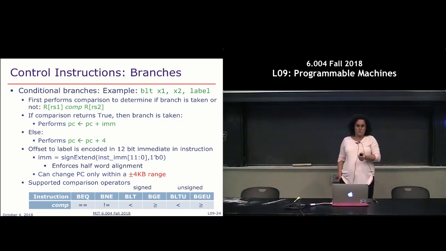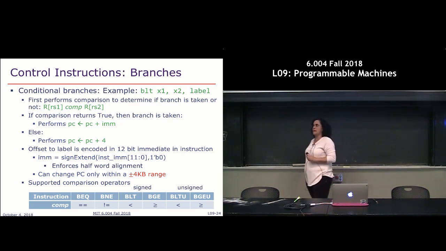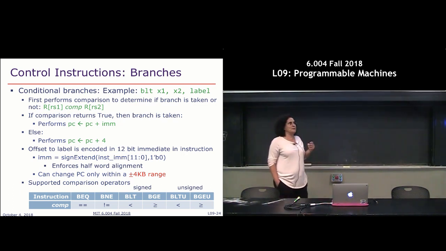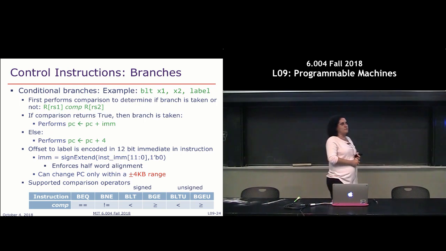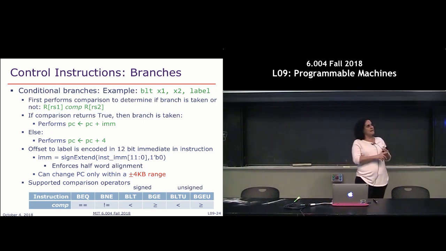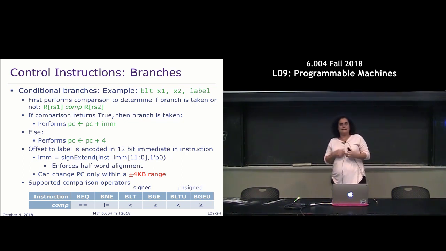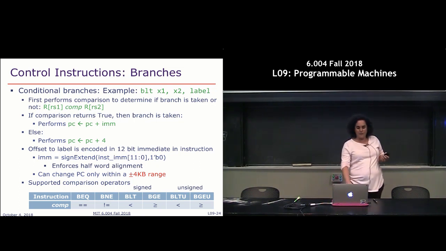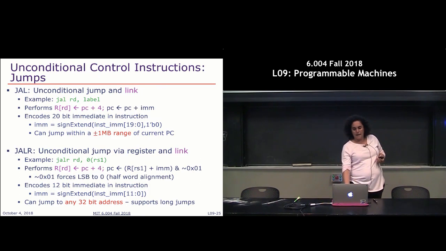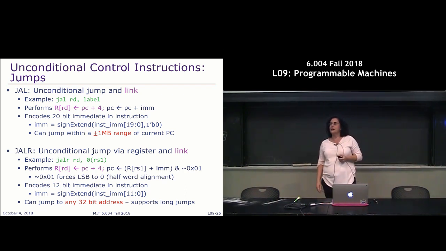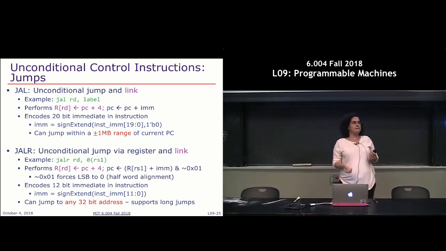Just before we finish up, in addition to branch instructions, we have what we call jump instructions. Now there are two differences with the jumps versus the branches. The first is that these are unconditional. The second is that they allow you to jump further than the branches do. For now, you can kind of ignore this link part, but it turns out, which we'll see in the next lecture, that it's sometimes useful to save the value of the PC in some register.